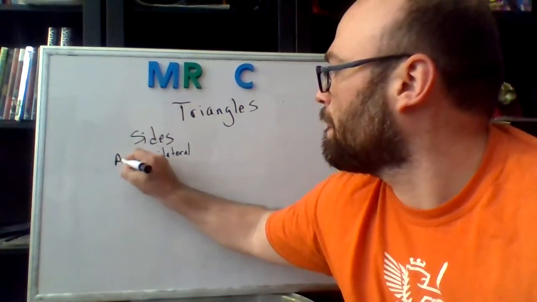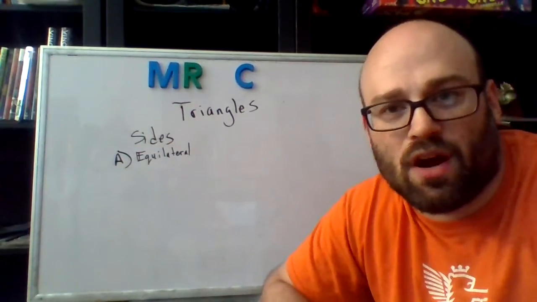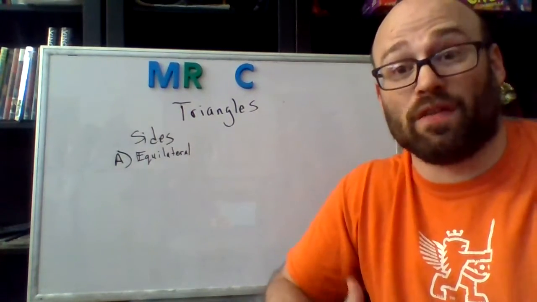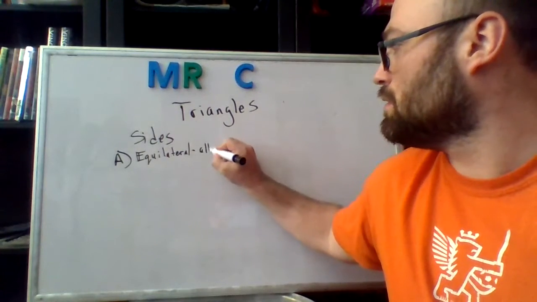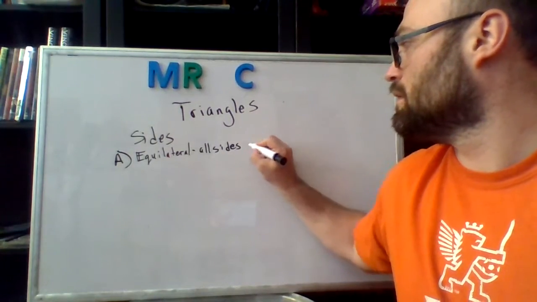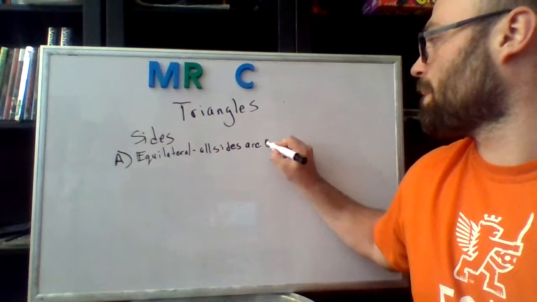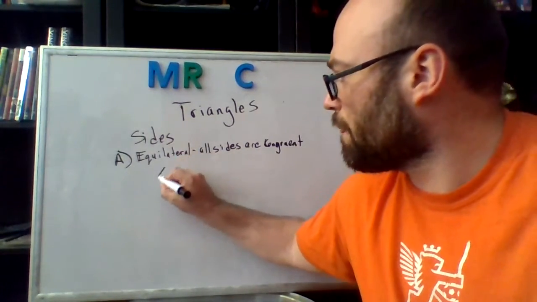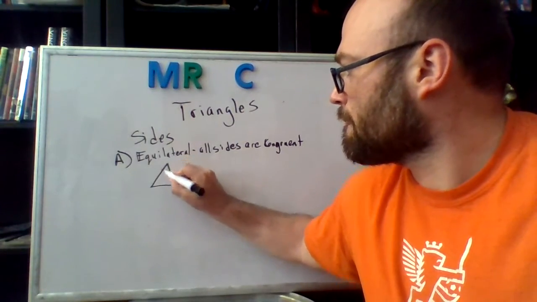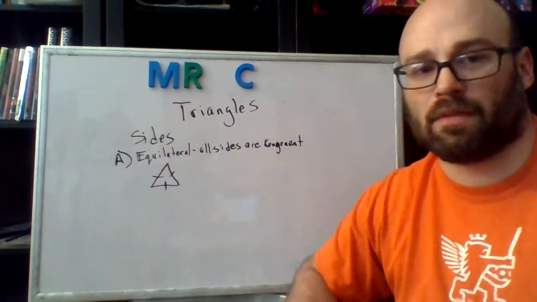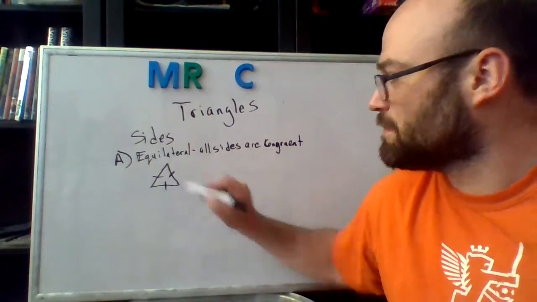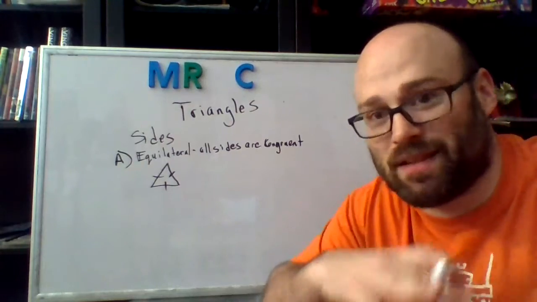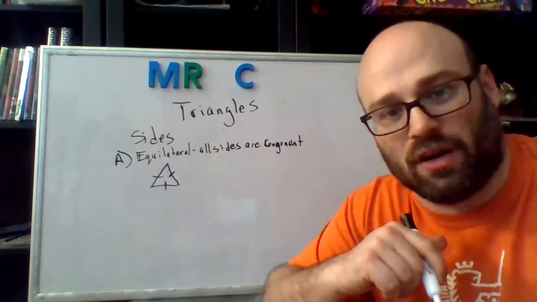Equilateral sounds like the word equal. That means all sides are congruent. An equilateral triangle generally looks something like this, but all sides are the same. If you're classifying just by the sides, that's an equilateral triangle.